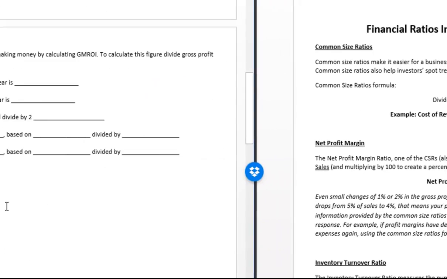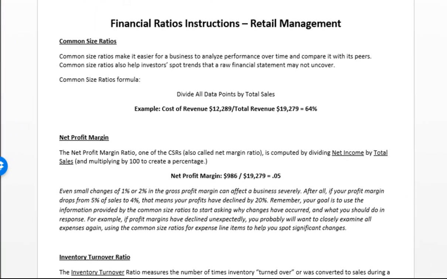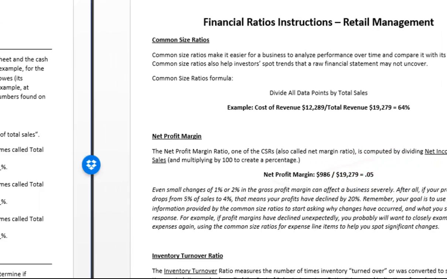And if you're not sure where to find something, refer back to the retail management ratios document, so that you can see where to find it on Sally's document. And it's the same in pretty much every financial report, so you can remember where to get the information you need.